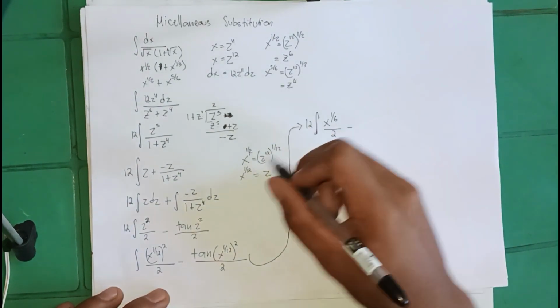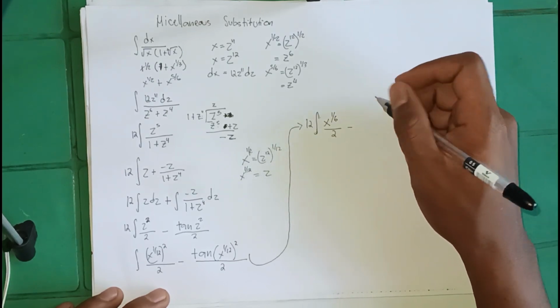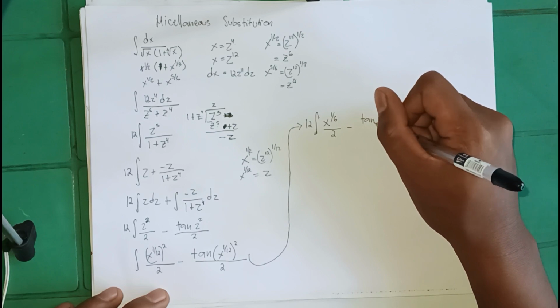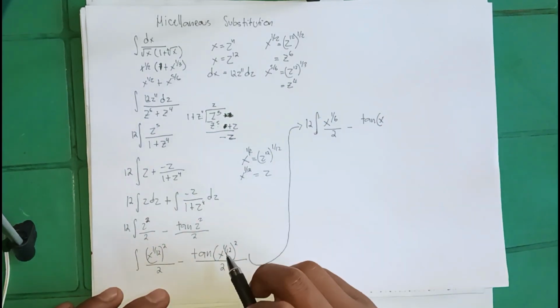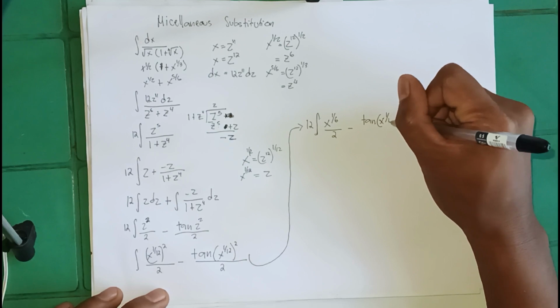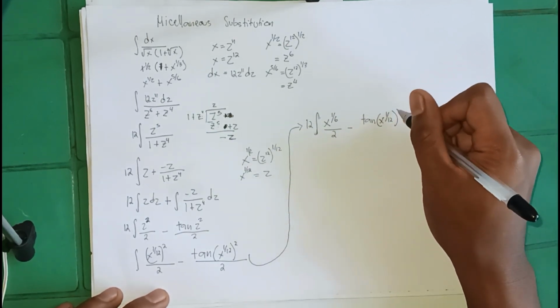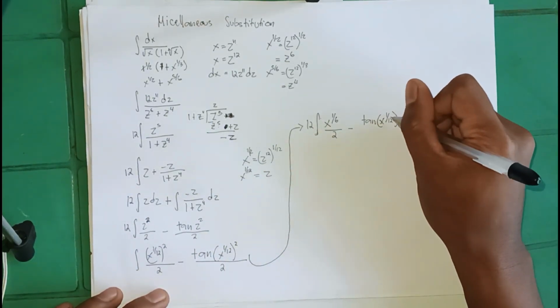and don't forget to write the 12. So minus tangent of x to the 1 over 12 raised to 2. So we can now get a 6. Sorry, this is 6.